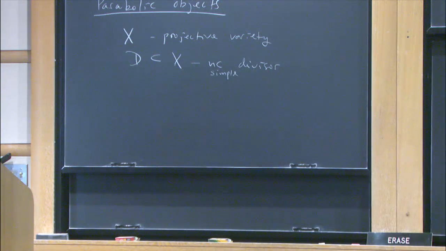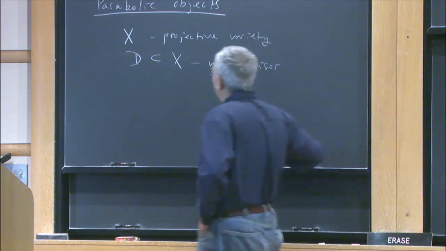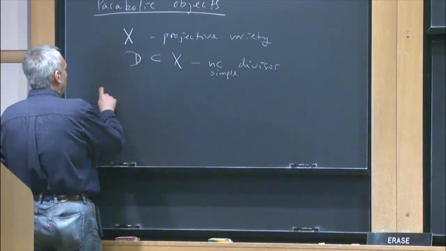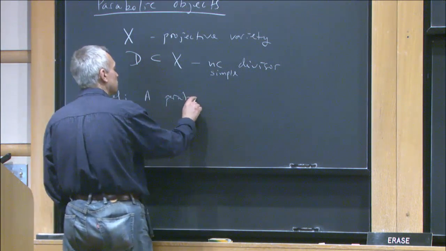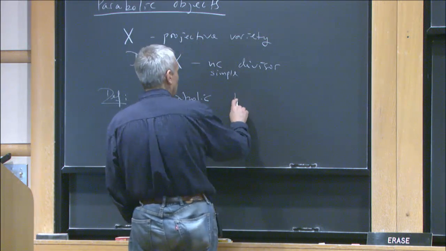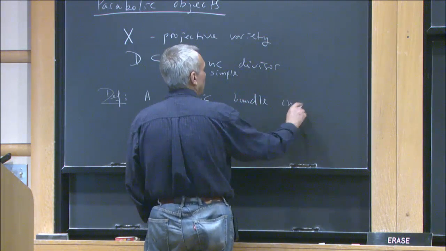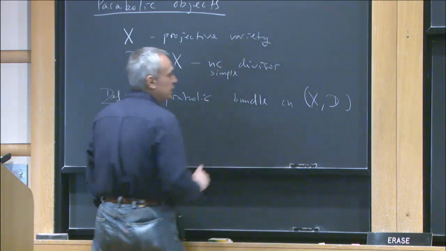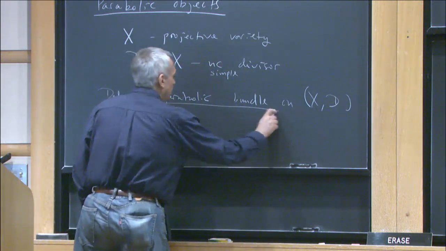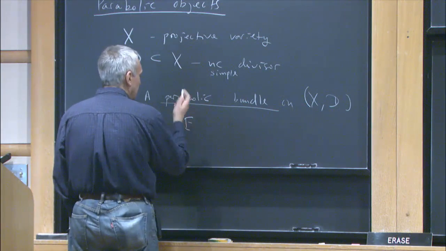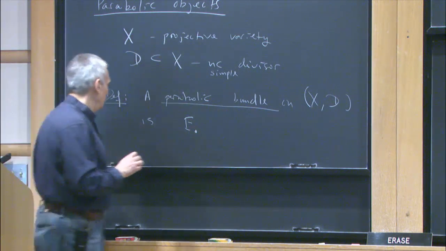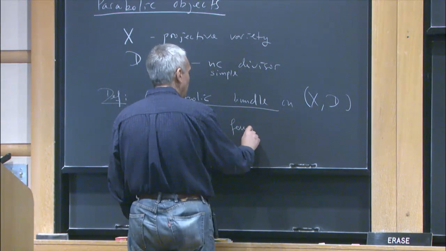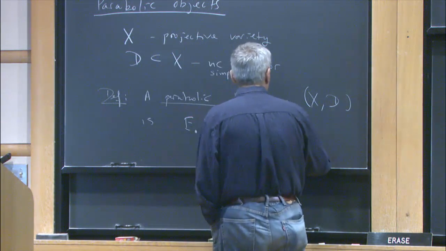So I'll say something about that. So normal crossing divisors with smooth components, and now a parabolic bundle on X with parabolic structure along D is, in my terminology, going to be this object which is a family of locally free sheaves.